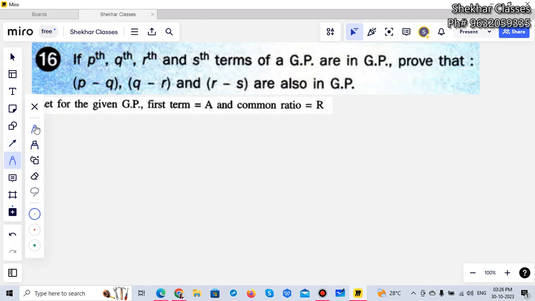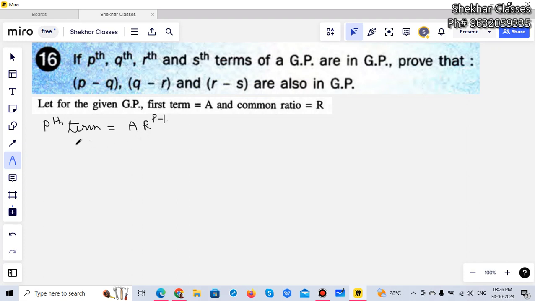So we know that the pth term will be equal to A r to the power p minus 1.